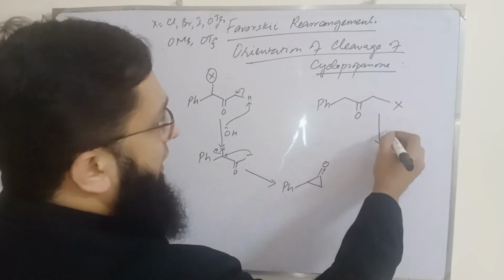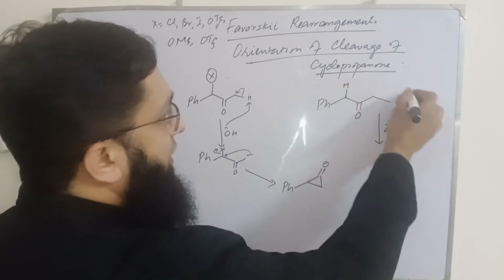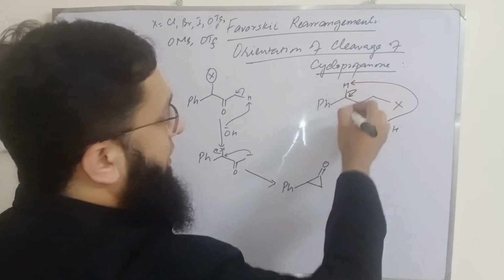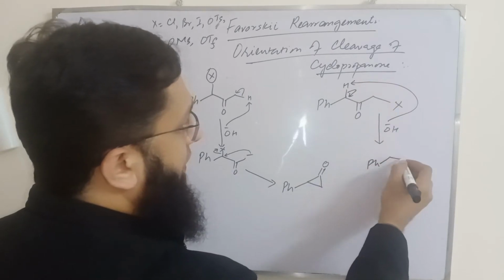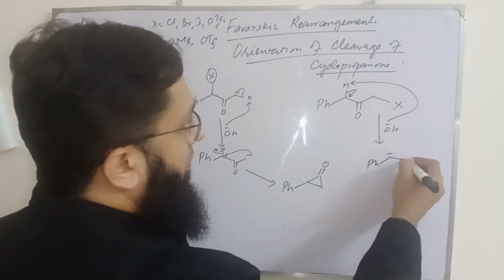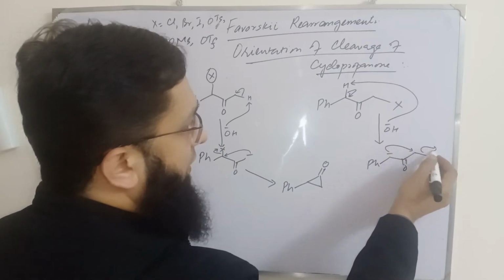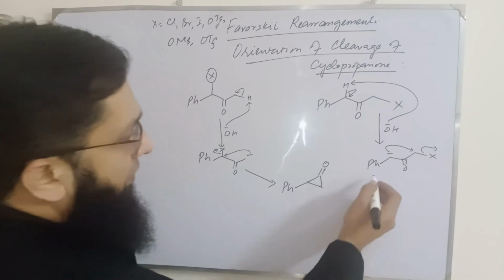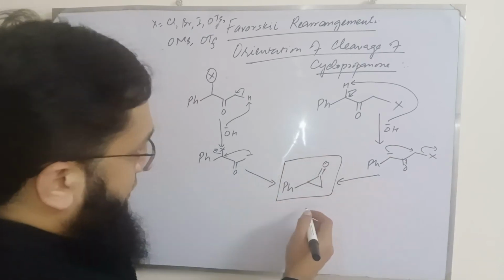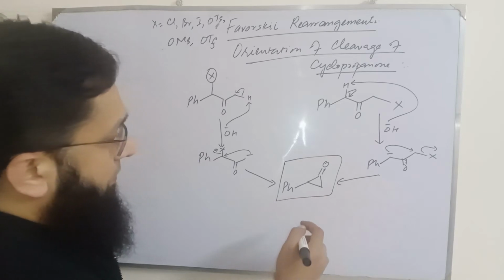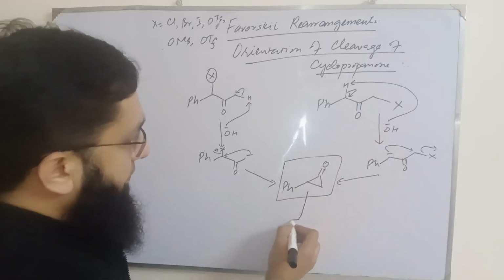Here again, if we add base, it would take the proton from here, and we would get the carbanion, and after intramolecular nucleophilic substitution reaction we would get the same intermediate. Now it has the possibility to get attacked by the hydroxide once again.